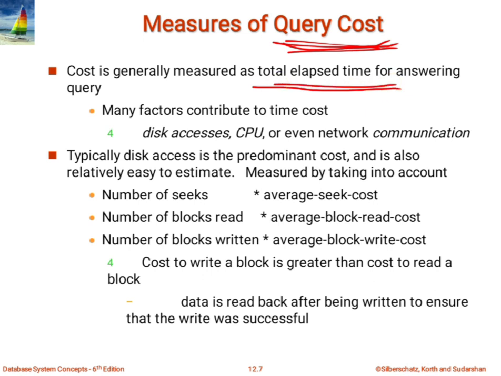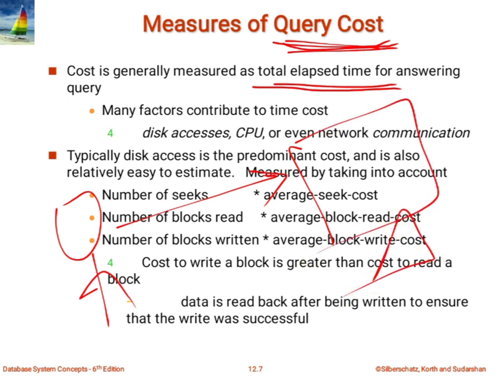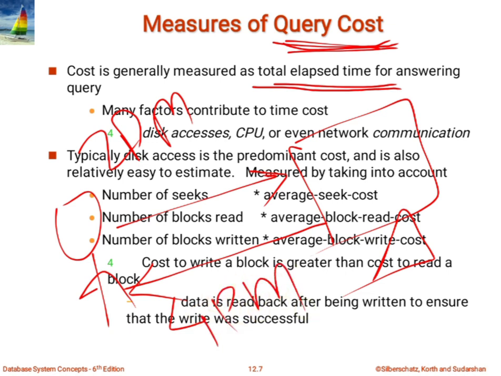That means, if I am a user firing a query to the machine at 2 p.m., and the computer gives me the output at 4 p.m., then the cost of the query is 2 hours, because the total elapsed time between firing the query and getting the output is 2 hours.